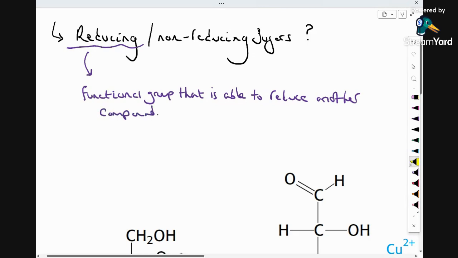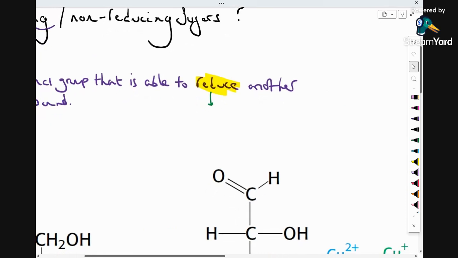That's it, quite straightforward. And what we mean by reduction in this case is the chemical term.